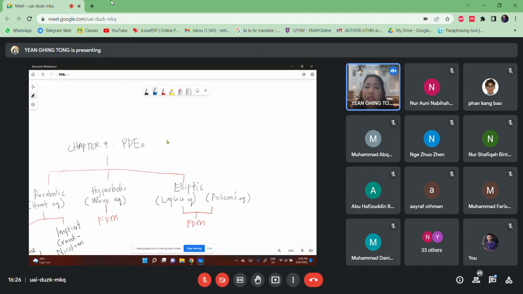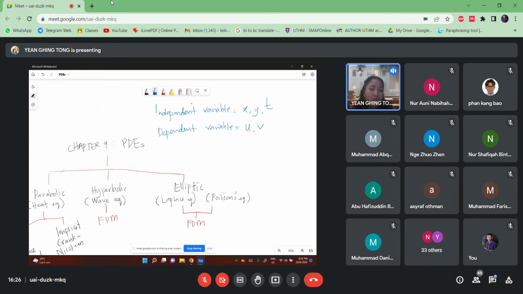Normally the independent variables in PDE are like x, y, or t for time, such as temperature over time that we want to know. And normally the dependent variables we write as u or v.